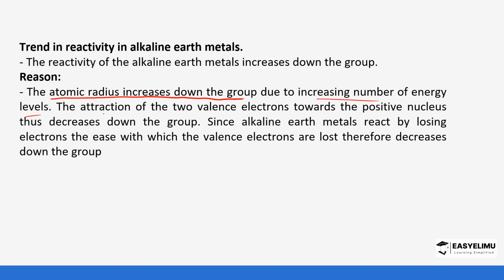This causes the attraction of the valence electrons towards the positive nucleus to decrease. So in calcium, the outermost electrons are held very weakly by the positive nucleus, while in beryllium, the outermost valence electrons are held strongly. So alkaline earth metals usually lose electrons when they react.